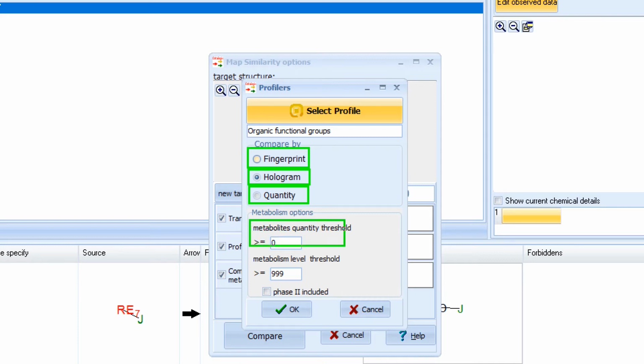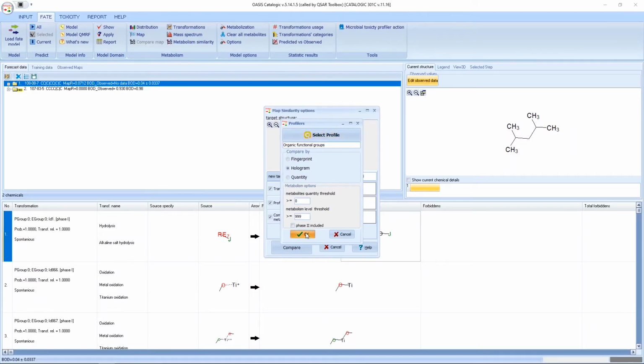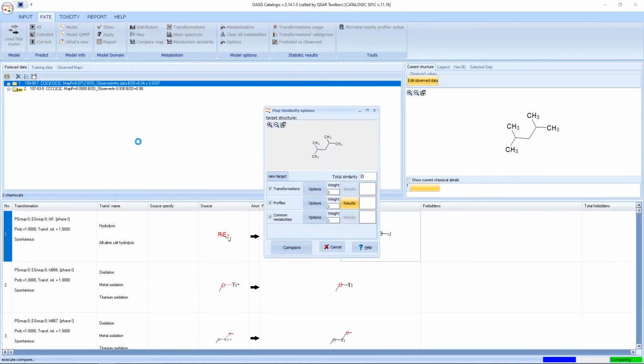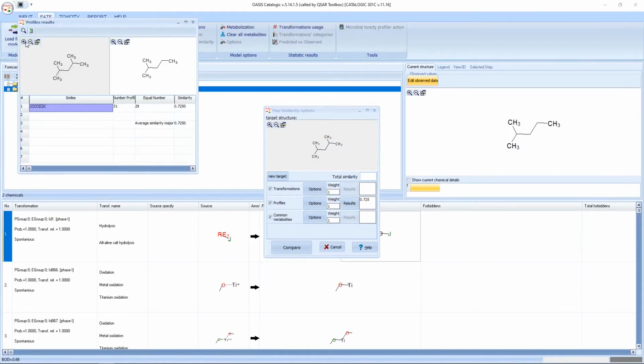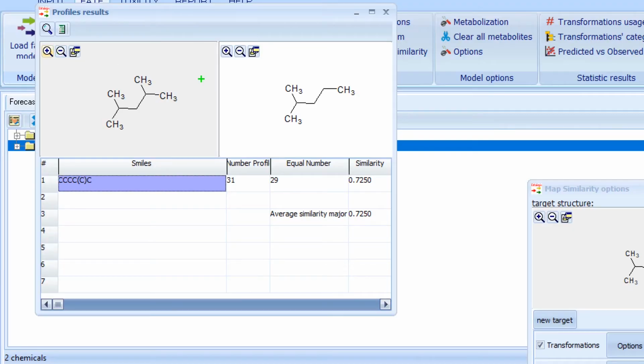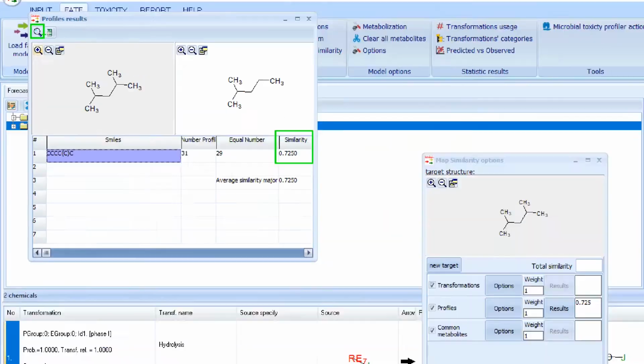The analysis could be applied to all metabolites or those with amounts above a specified threshold. As can be seen, these chemicals are structurally very similar. Let's explain the result.